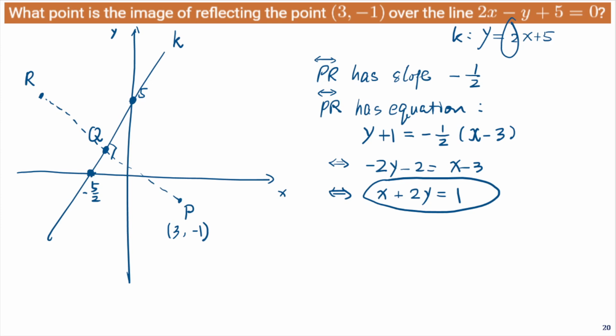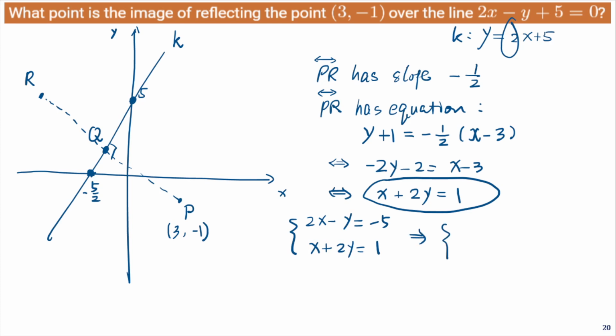And in order to find the point of intersection Q, we could combine the equations of K and PR. The reason we want to find the coordinates of Q is that Q is the midpoint of R and P. So if we know the coordinates of Q and of P, then we can find the coordinates of R, right? So line K has equation 2x minus y plus 5, or 2x minus y equals -5. Line PR has equation x plus 2y equals 1.